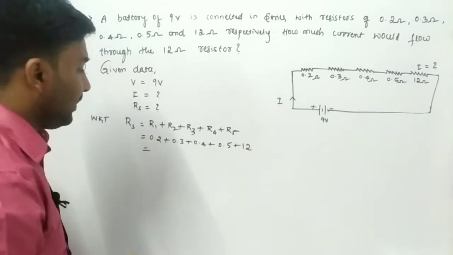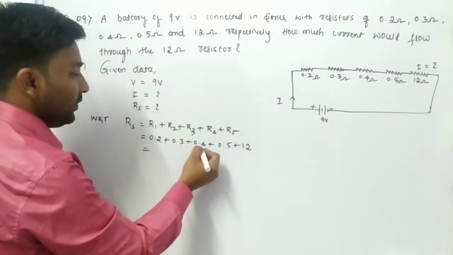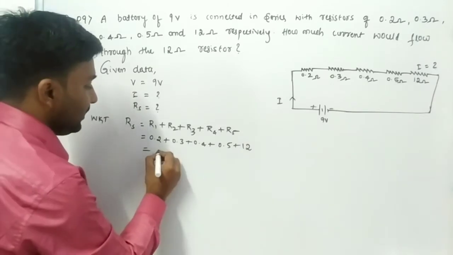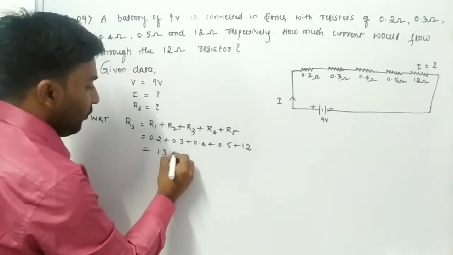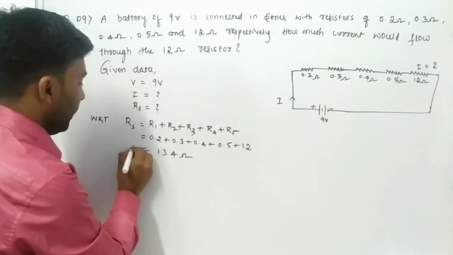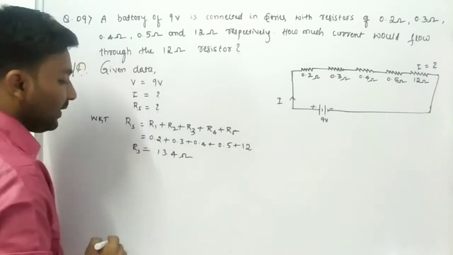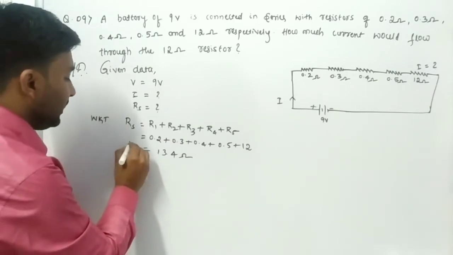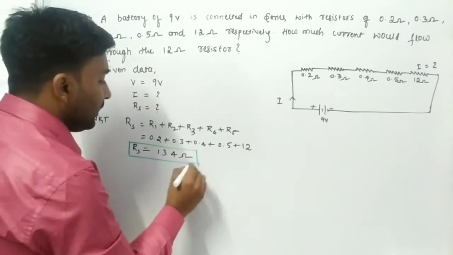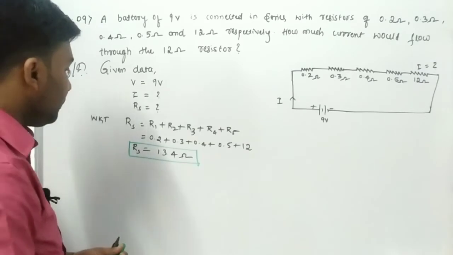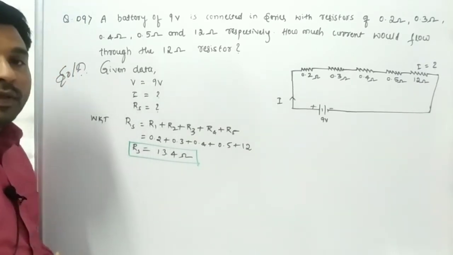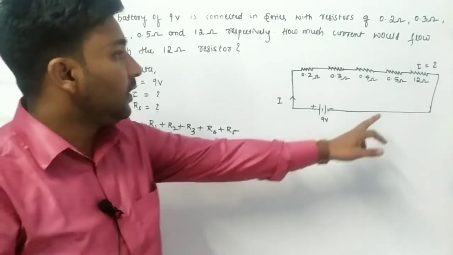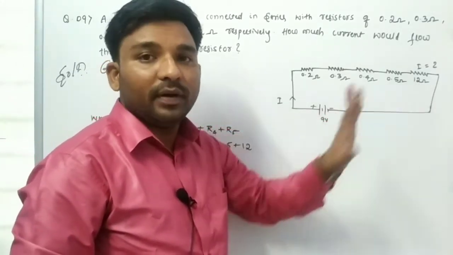Add all these resistors: 0.5, 0.9, 12, and it is 13.4 ohm. So the equivalent resistance in the circuit is 13.4 ohm.